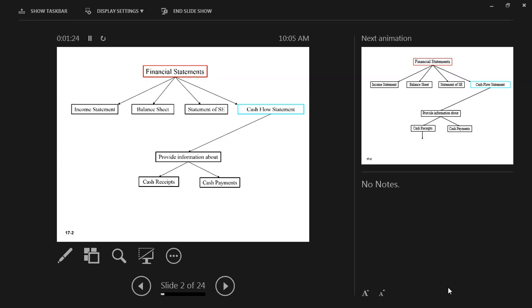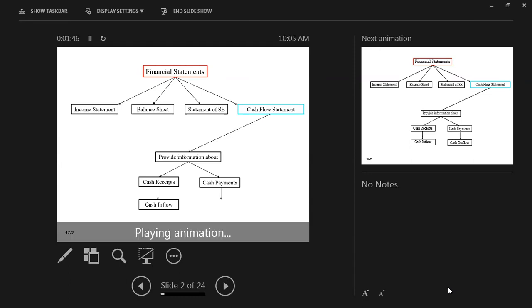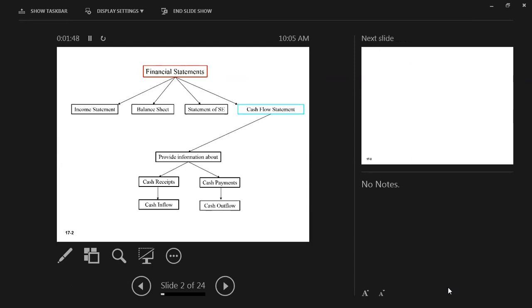And we have two terminologies: for cash receipt, we are going to use the term cash inflow, and cash payment is related with cash outflow.